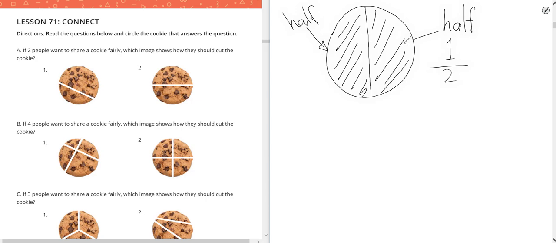If we want to share this pizza among 3 friends, we must divide this pizza into 3 equal parts. One part, and the second part, the third part.